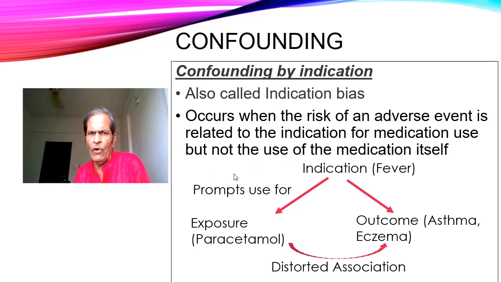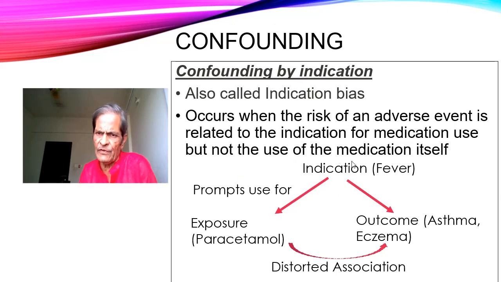It occurs when the risk of an adverse event is related to the indication for medical use, but it is not related to the use of the medicine itself. So actually there is no association between the adverse event and the drug in question, but it is related to the indication for which the medication was given, and that's why this is called the indication bias.